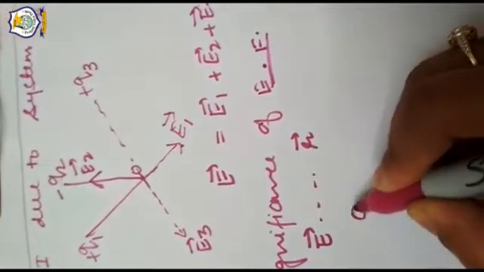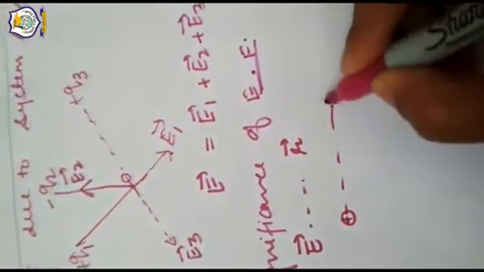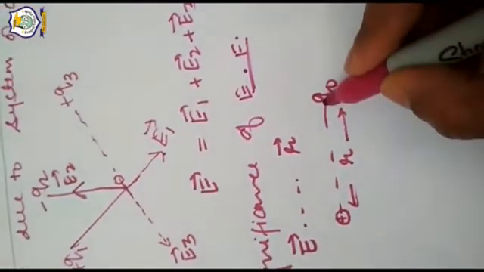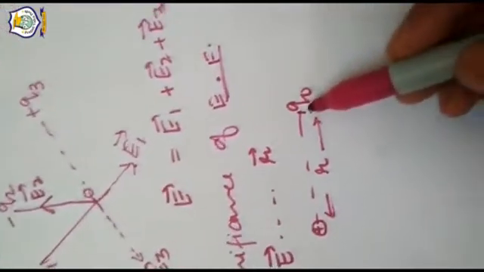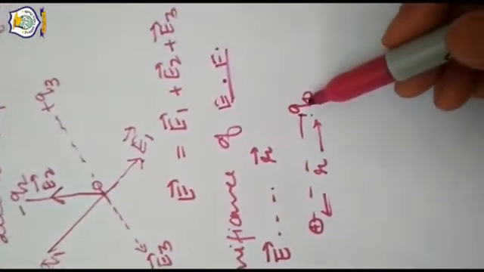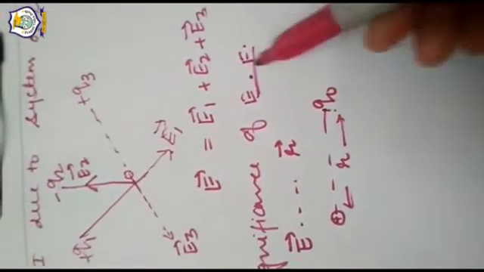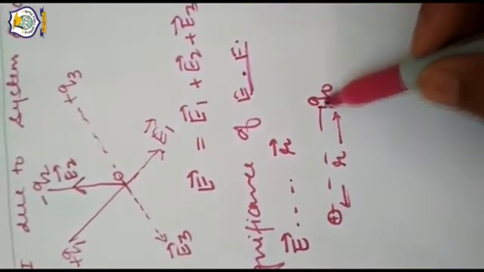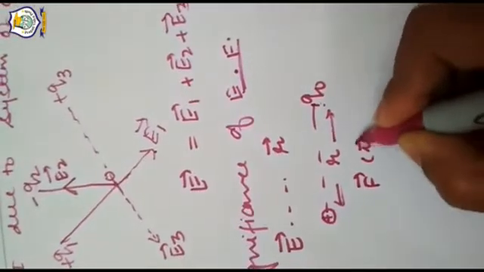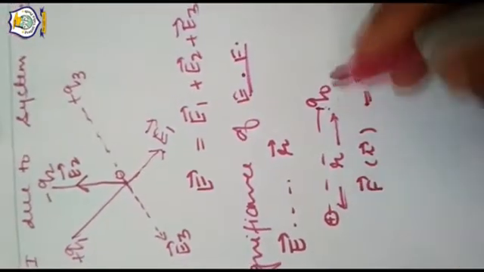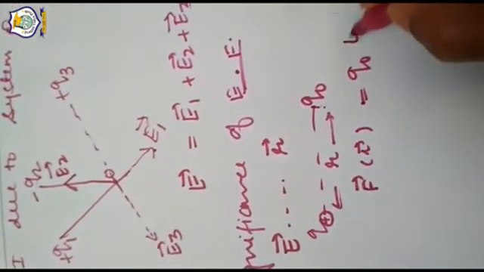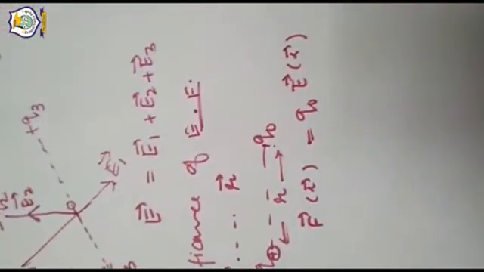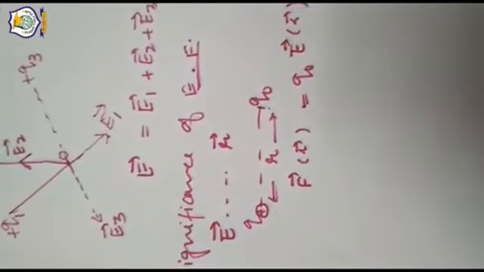Suppose, meaning to say that if any charge Q0 is kept here at a distance of r, this is a point at a distance of r, and here one charge is placed which is Q0, then by knowing the electric field intensity E, we can easily calculate the force F exerted by this charge Q on Q0. This is the significance, or we can say the importance.